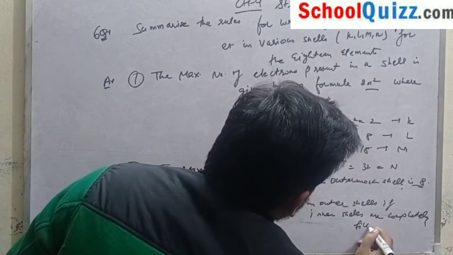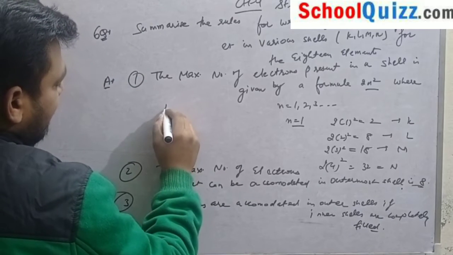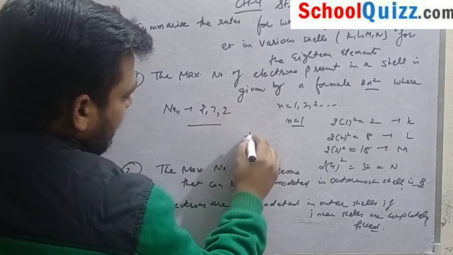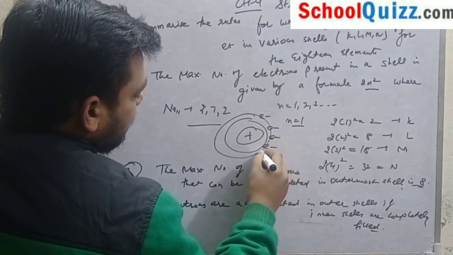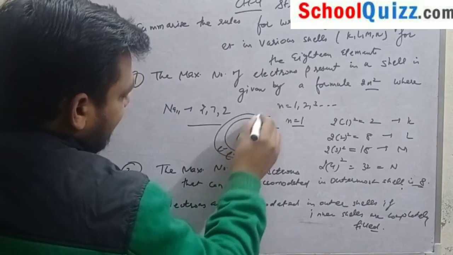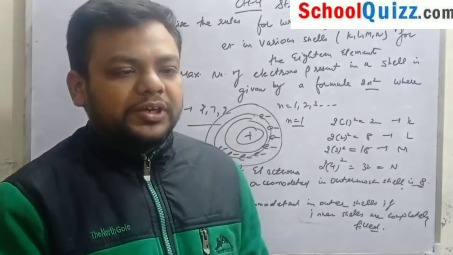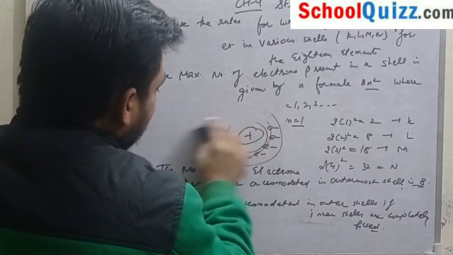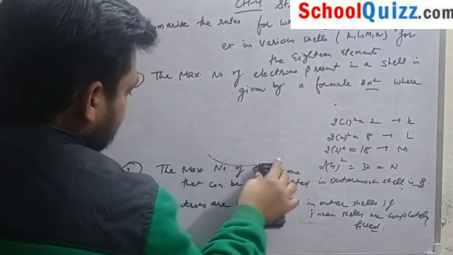For sodium 11, it is not 2, 7, 2. Firstly you have to fill the inner shell with 8 electrons, 1, 2, 3, 4, 5, 6, 7, 8, and then you move to the next shell. We can move to the outer shell only when the inner shells are filled. So this is about question number 6, summarize the rules for distribution of electrons.